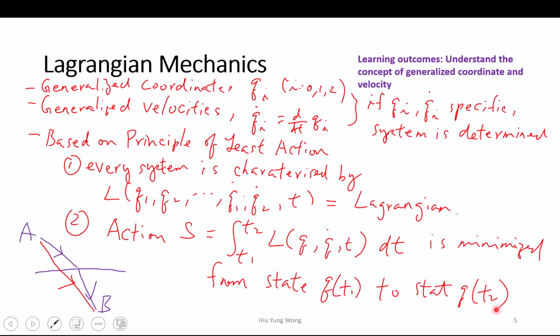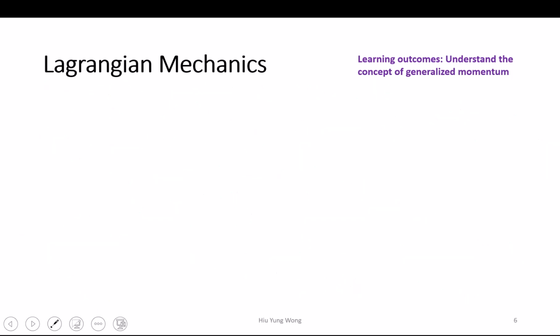I know the initial position is here, and I know the final position is at this corner. But which path should it travel so that it minimizes this action? Then maybe you'll find that the straight line is the shortest, and that this fulfills all of Newton's laws. But let's ignore this. Just remember there's something called the principle of least action. If you need that, go back and read it.